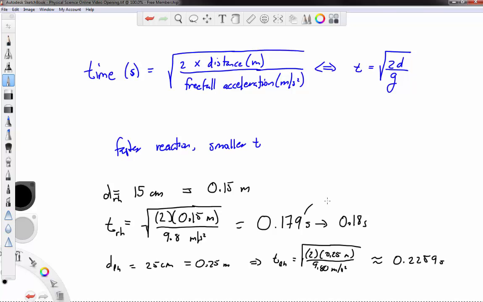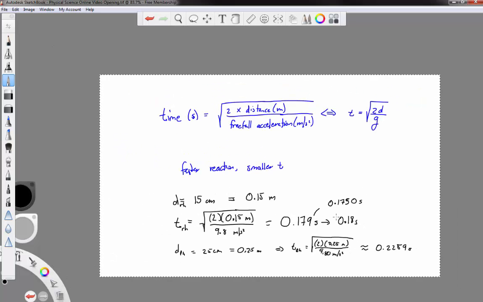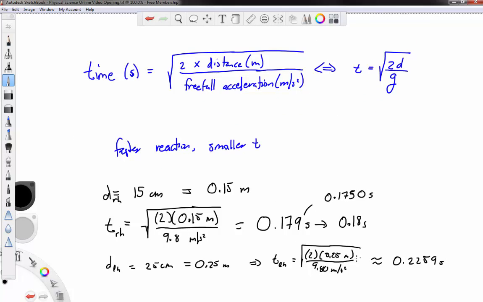And this one, out to that many decimal points, is 0.17, and then the next digit is a 4 and then a 9.6. So this actually is 0.1750 seconds. I'm taking it out to more decimal places than I need just because I know that I'm going to have 3 decimal places in my answer, so this is just to be on the safe side.